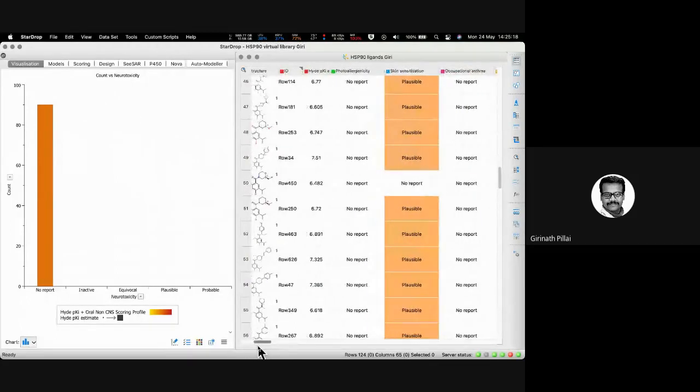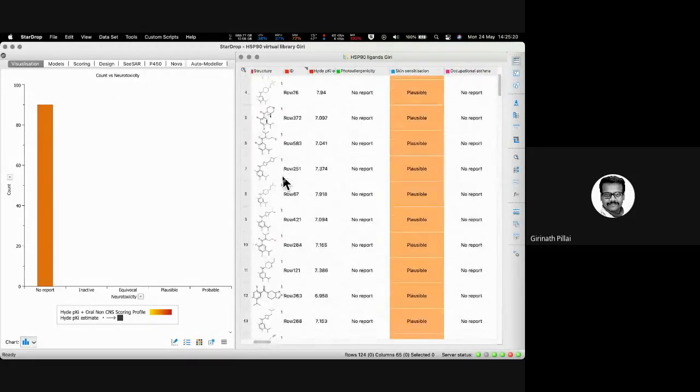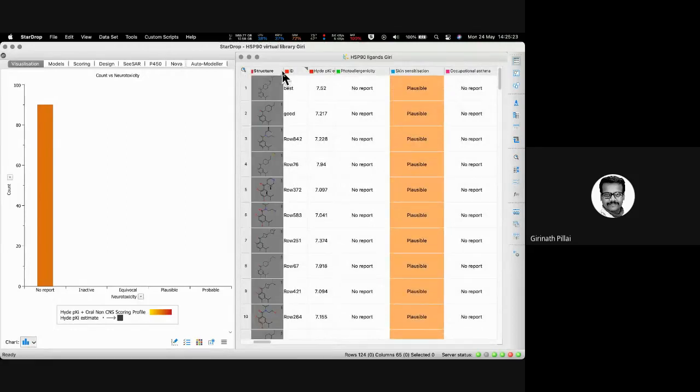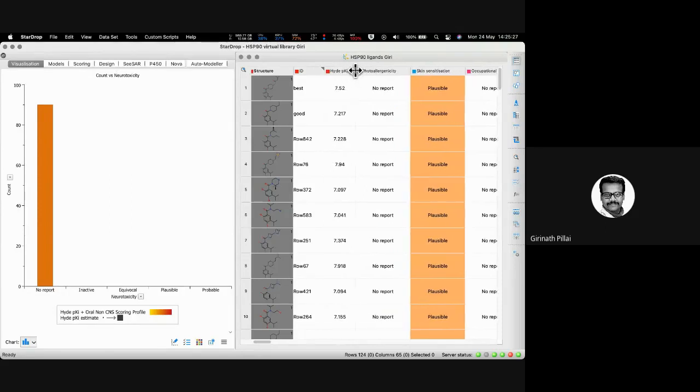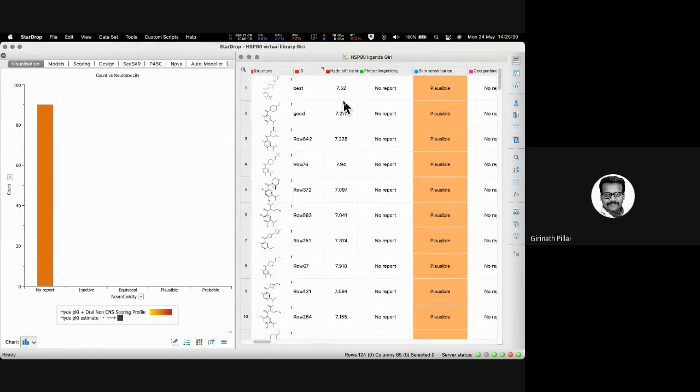Now keep in mind, we are going to do an analysis to understand, among these 124 compounds, which compounds I can choose for the next level of studies and which I could remove from my dataset. This morning, you remember, I mentioned that in silico or computational studies are mainly also used to remove your bad molecules. That is also a very important task, not just to choose the best molecule and move forward. It will never work, right?